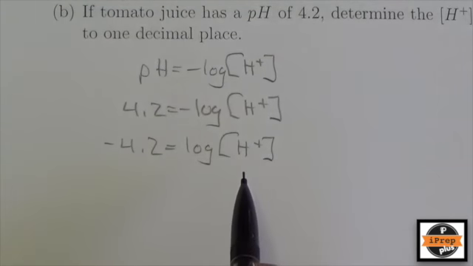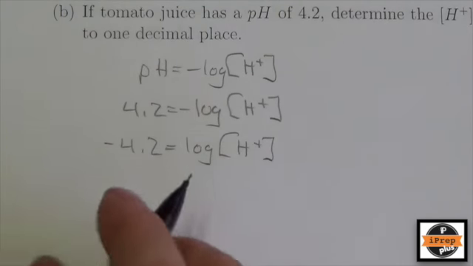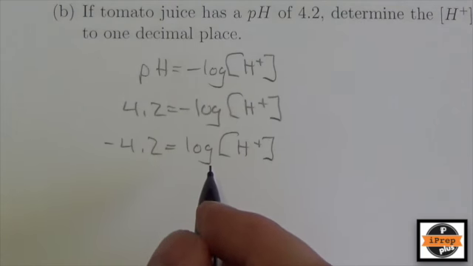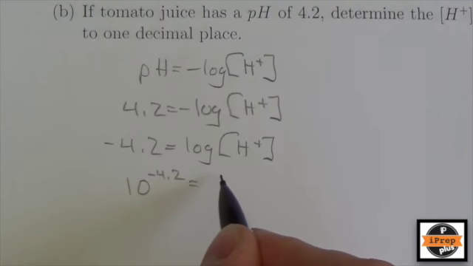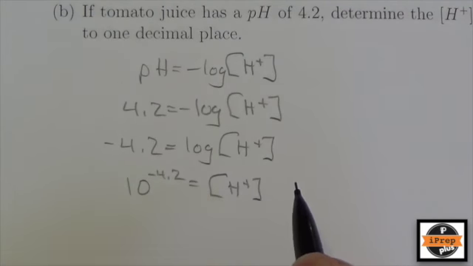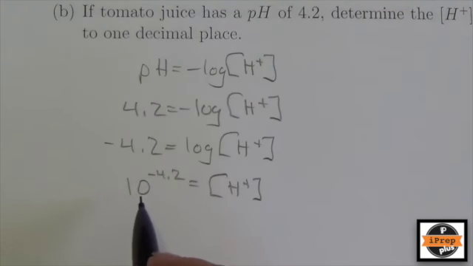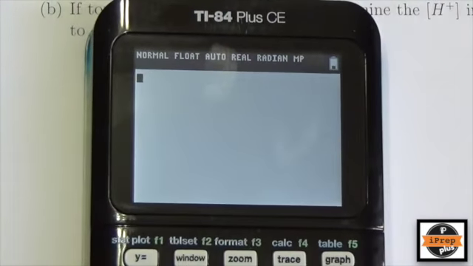And now we have to change this. Because we're using the common log, the base is 10. In order to get that hydrogen ion concentration out of there, I have to get rid of the log by converting this to exponential form. So this becomes 10 to the negative 4.2 is equal to the hydrogen ion concentration. That's fine, but that's not the form they wanted. What we're asking you to do is take 10 to the power of negative 4.2, press enter.